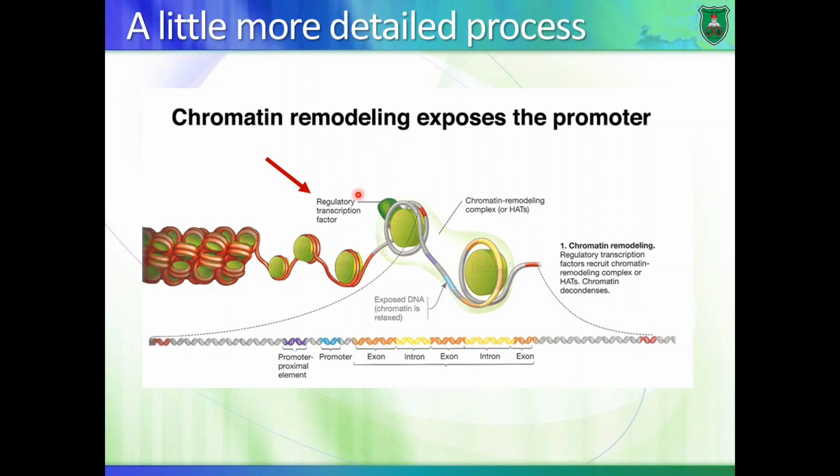So right here you have a regulatory transcription factor bound to DNA at a certain sequence right here. That's a gene. Transcription start site. You have promoter proximal element. And you have this transcription factor that binds to DNA.